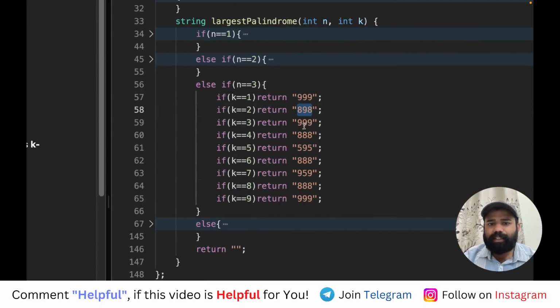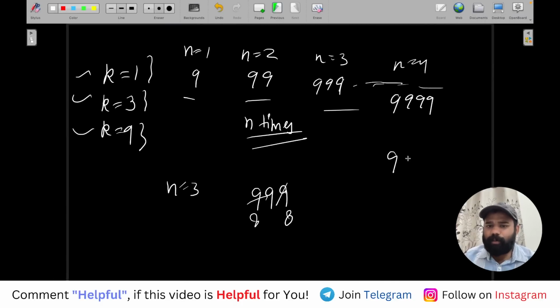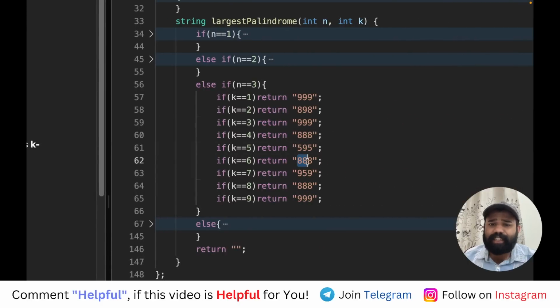Okay, then for k is equal to 4, 888 is the maximum possible palindrome which is divisible by 4. Then for 5, it is 595, because it is 999, but you need either 0 or 5 at the last. If it is 0, it will be 0 at the front also, which is not possible. So it will be 5 and 5, right? Then for 6, it is again 888.